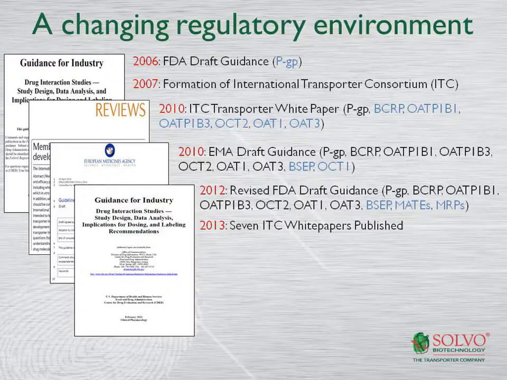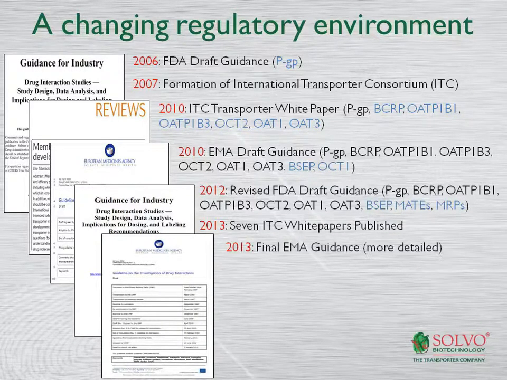Then in 2013, the ITC published many more transporters, so they went into more detail on how to study the transporters. And then, based on this, the EMA made a final guidance, more detailed, but as I said, they just write that the indicated transporter should be assessed. They never say directly this transporter or that one, so if there is a liver accumulation, they just say the indicated transporter should be used.